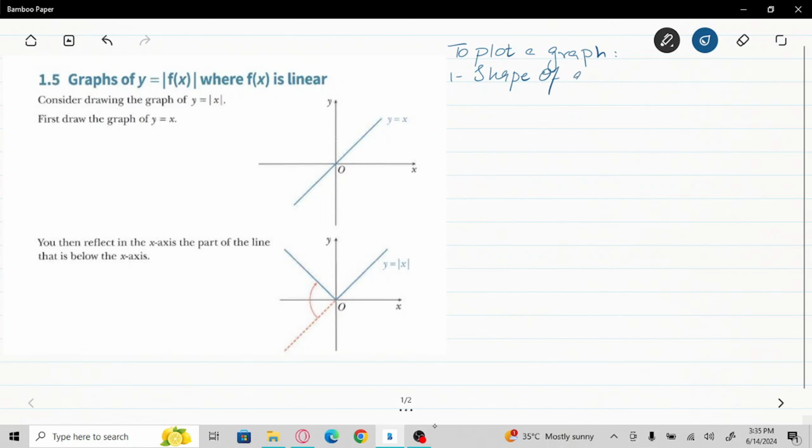The second thing we need to know is the vertex or the turning point. Right now, we are going to discuss modulus graphs, so we are not going to talk about turning points because they will come in the quadratic equation. We are only going to discuss the vertex. And the third thing, which is important to plot a graph, is the y-intercept.